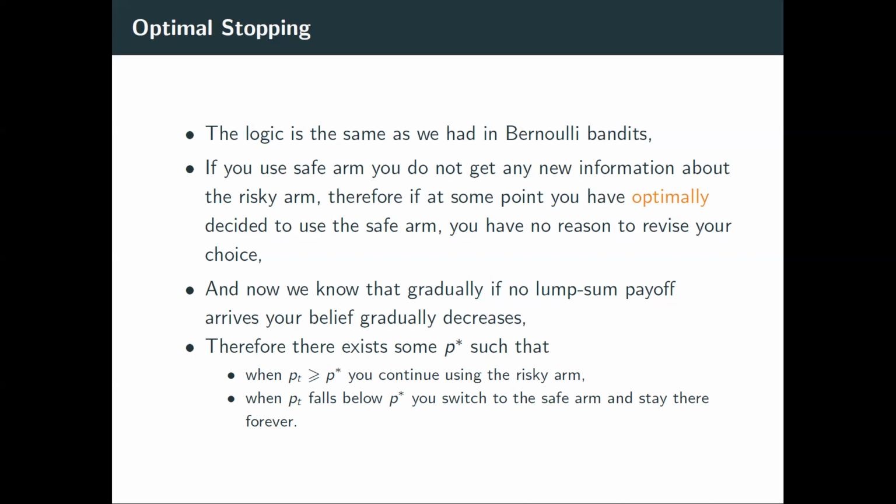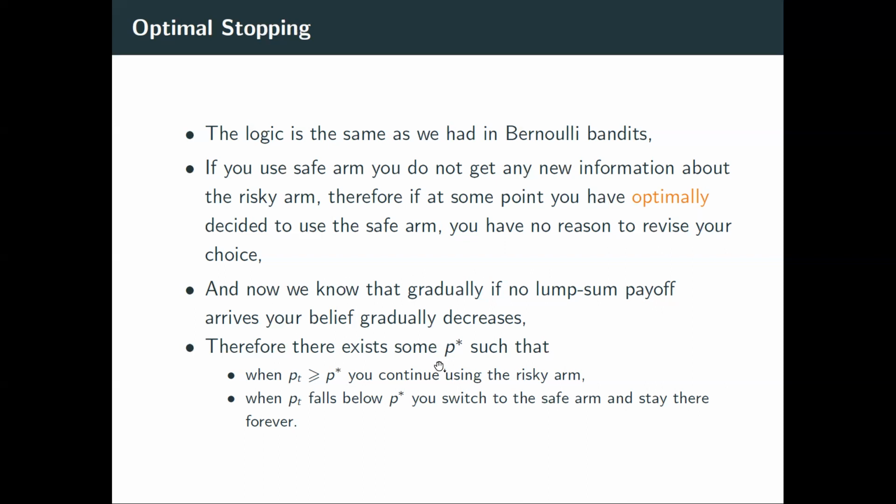And at some point you think that it's not worthwhile to still experiment with this risky option because the belief is too low, and therefore I'd better switch to the safe one. That is, there exists some kind of threshold in terms of your belief level, which we denote as P star, at which you exit experimentation with the risky option, where you become too pessimistic about its prospects.